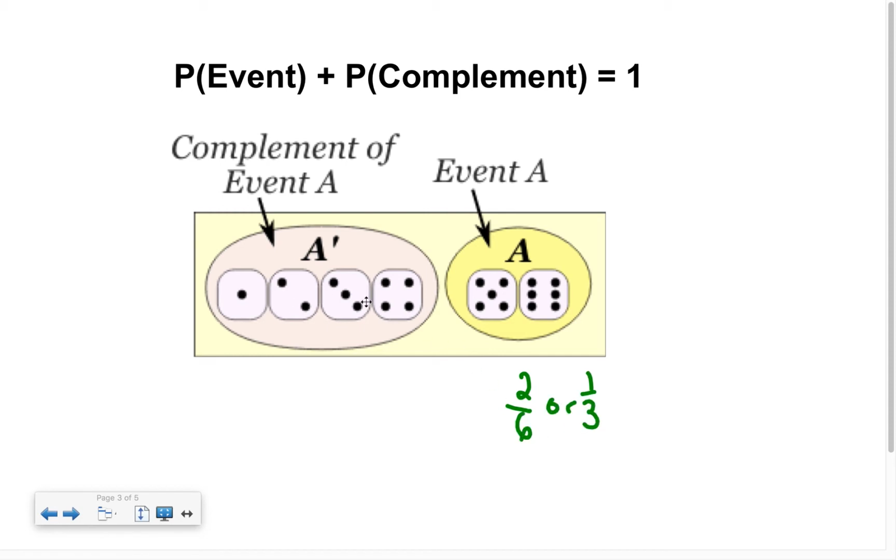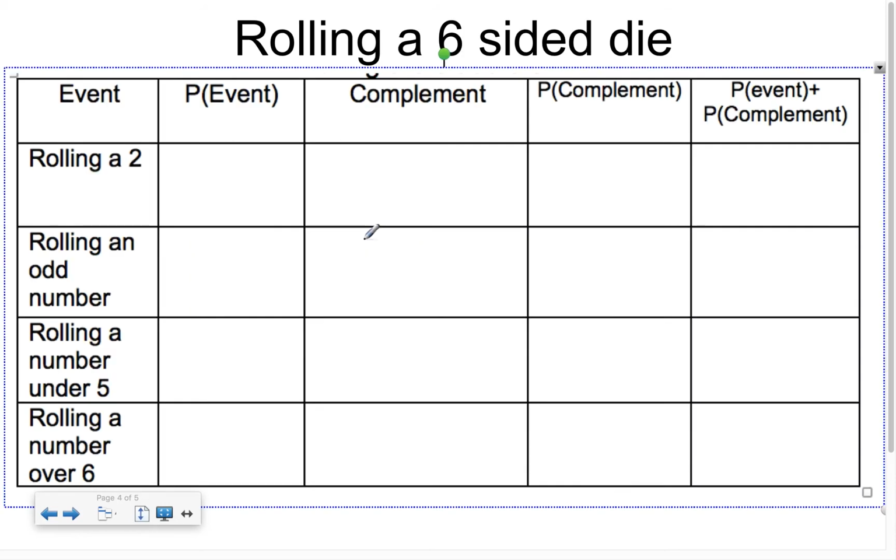If we look at the probability of the complement, it's 4/6, or we could simplify that to 2/3. If I add 2/6 plus 4/6, or 1/3 plus 2/3, it's going to be equal to 1. And we know that 1 is a certainty, it has to happen. So either the event's going to happen or the complement of the event is going to happen.